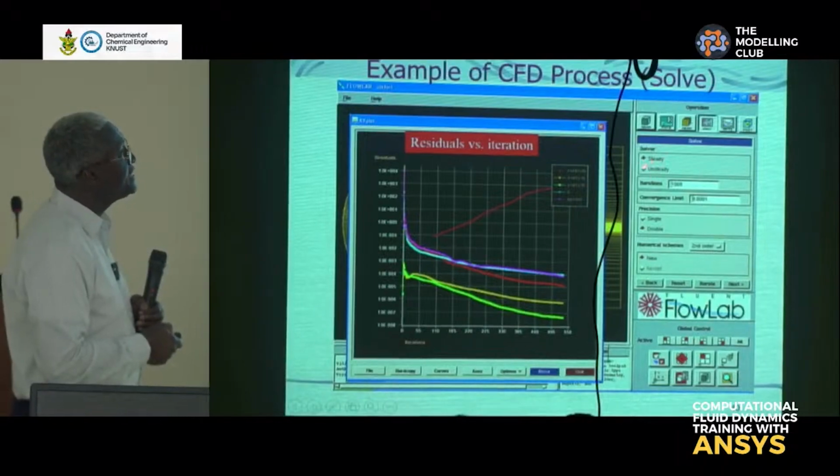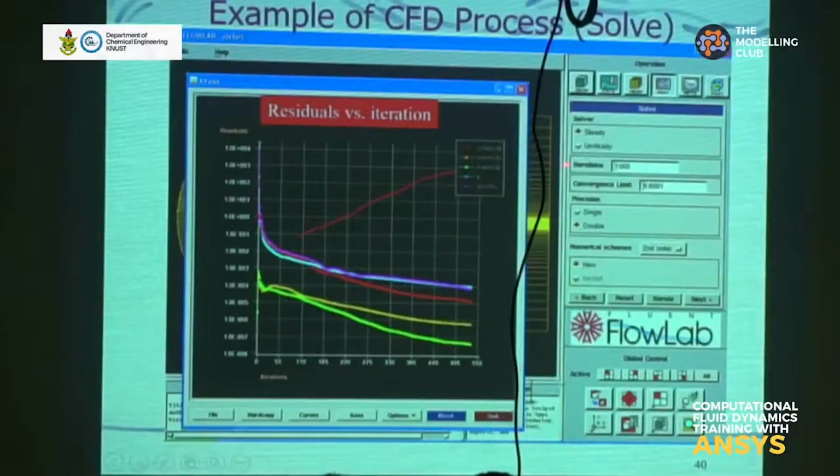Steady state means that your solution does not depend on time, versus unsteady, where the solution depends on time. So you have to select what you need, and you have to specify the number of iterations. Here, 1,000 was selected.